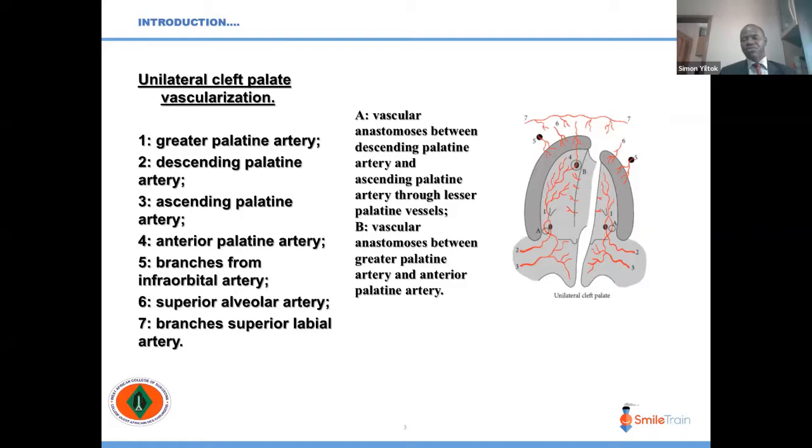If you notice on the diagram there, on the cleft side, the B anastomosis is absent. Therefore, if repair is done, blood supply is precarious, and if tissue is not handled properly, you end up with fistulation or necrosis, which will end up with fistula formation.